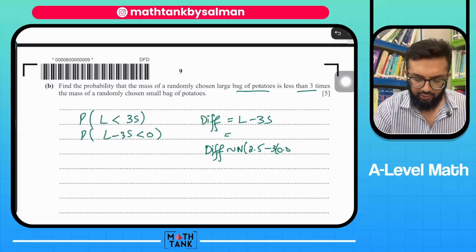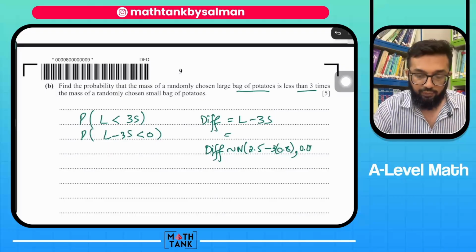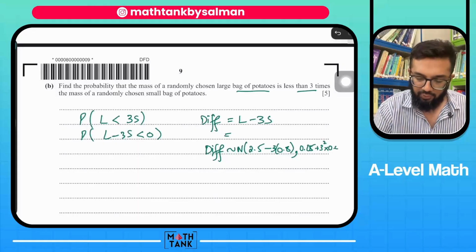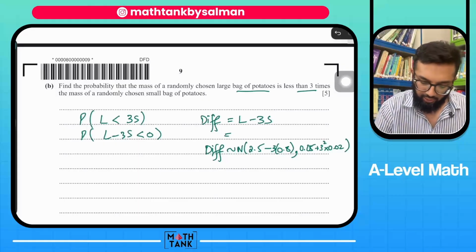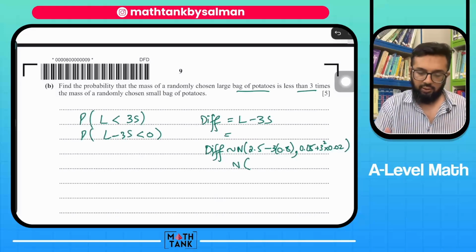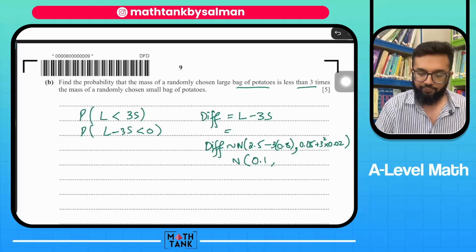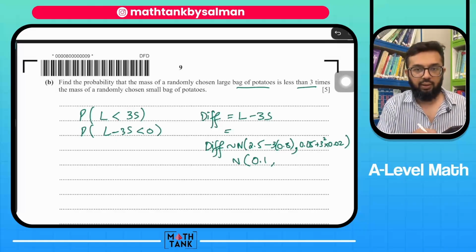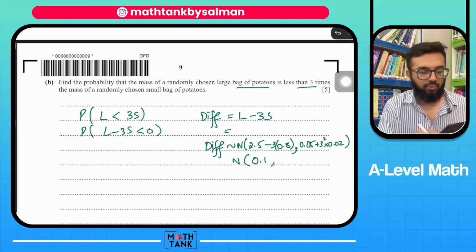So that's the mean. The variance for L was 0.05, plus, you don't subtract for variance, 3 squared times the variance of S. Okay, so normal distribution.